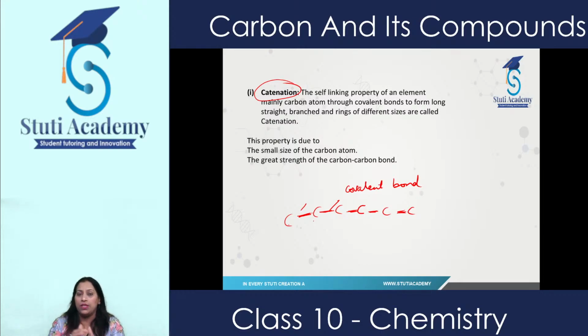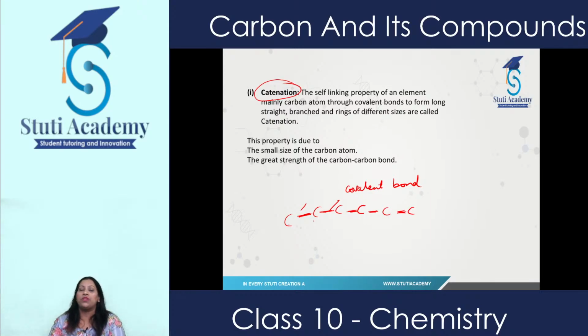Whatever I have done till now, what kind of question can come in the exam? First is catenation. On the basis of catenation, a question can come in the exam. What is a unique property of carbon? Or what do you mean by the term catenation? And why does catenation take place?